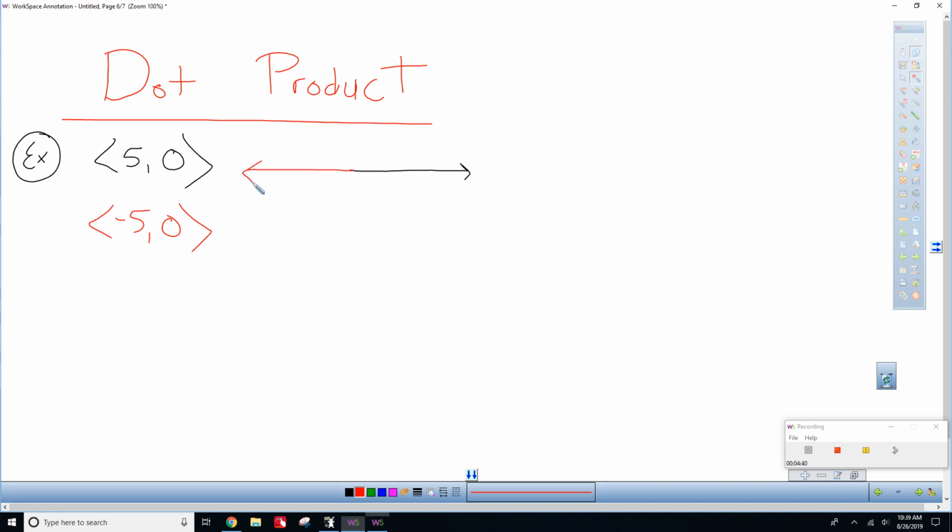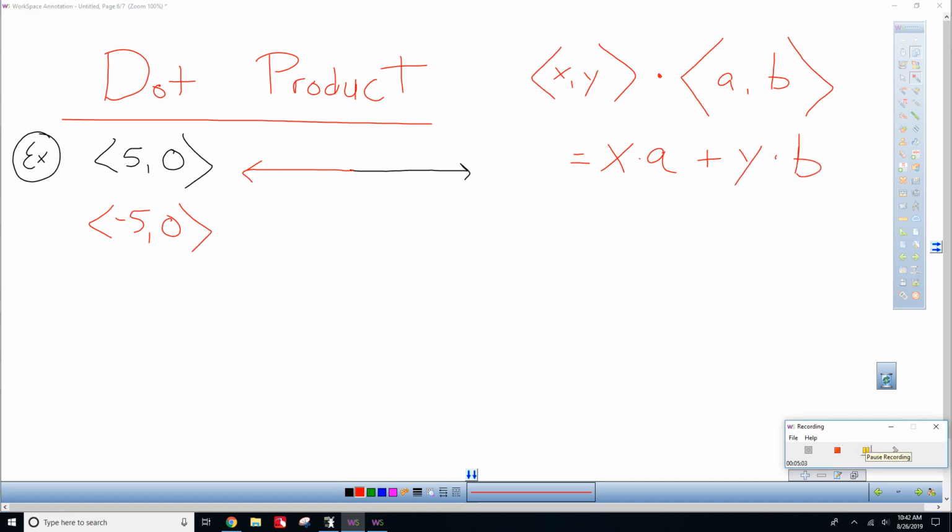Okay, well the definition of the dot product is if you have x, y dot a, b, that equals x times a plus y times b. Okay, so if we go into our example, that would be 5 times negative 5 plus 0 times 0.